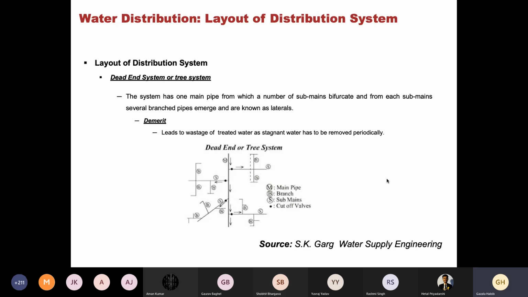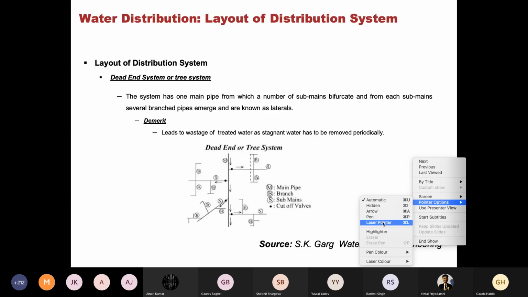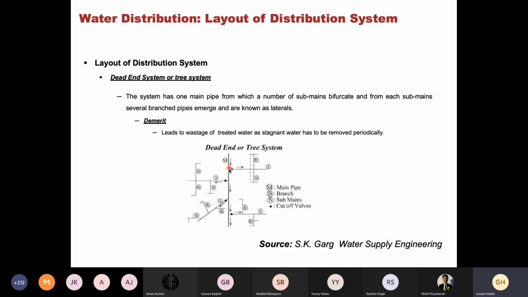So here you can see one main pipe M is written. I will put the laser pointer. So this is the main pipe. Then these are the sub mains S, and then there are branches B. So this M is the main pipe, B is the branch, S is the sub mains, and cut off valves will be there.